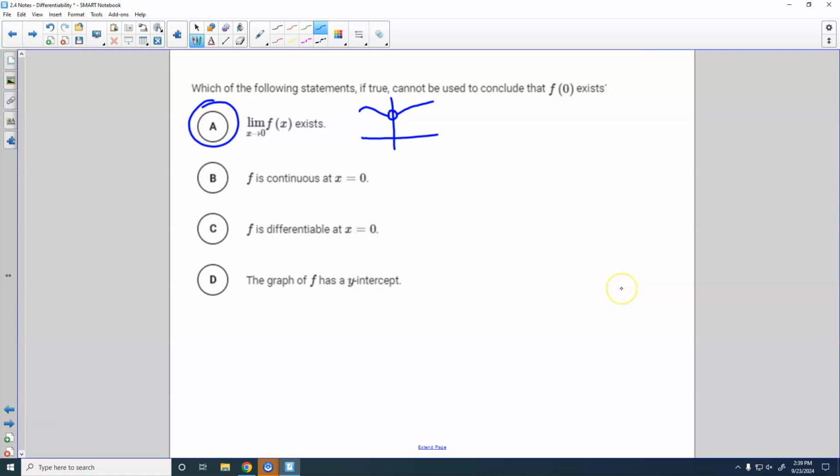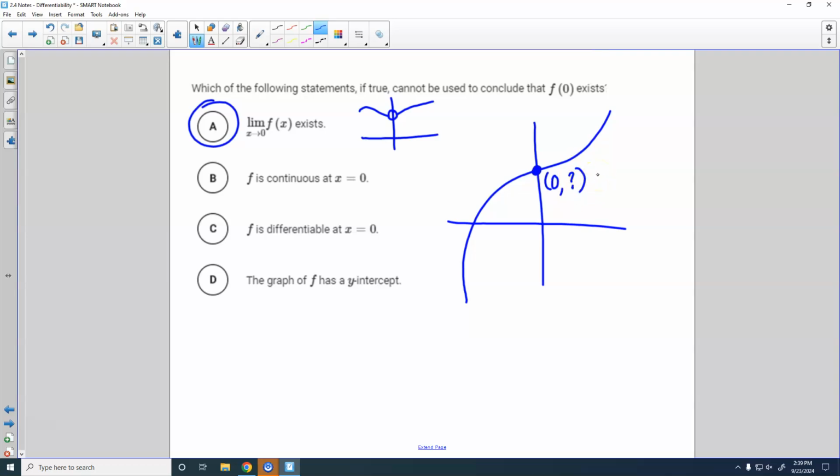What about this? The graph of f has a y-intercept. Okay, and where do we cross the y-axis? At 0, right? So if you have a y-intercept, that means you cross the y-axis, and the coordinates of that point are 0, some number.